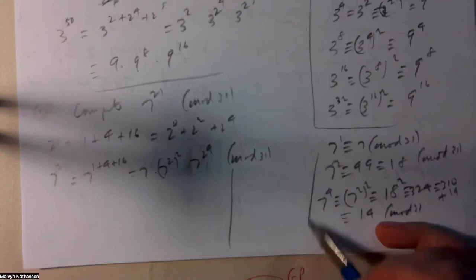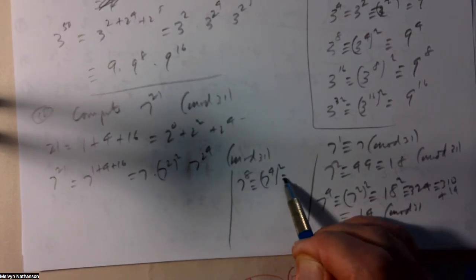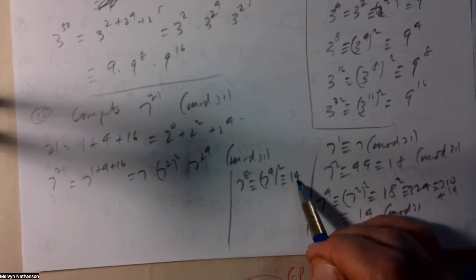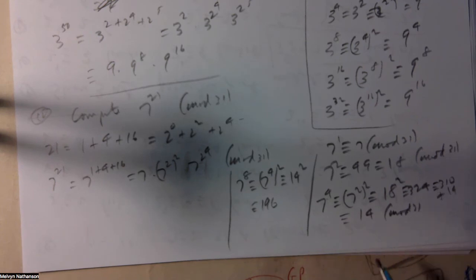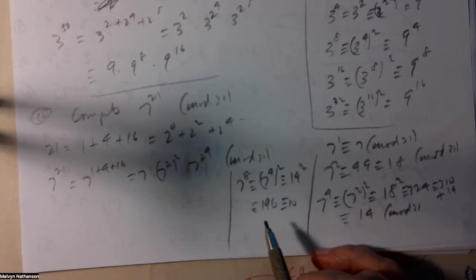7 to the 8th is 7 to the 4th squared, which is congruent to 14 squared. 14 squared, I believe, is 196. You divide 196 by 31. 31 goes into 196, probably 6 times, and leaves a remainder of 10 mod 31.